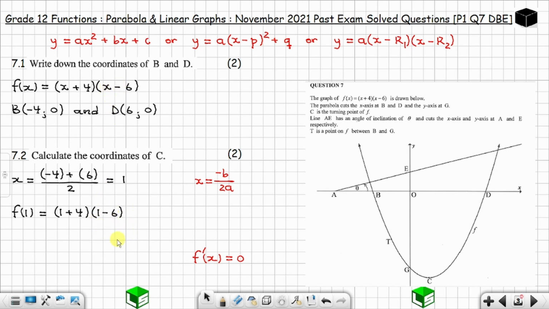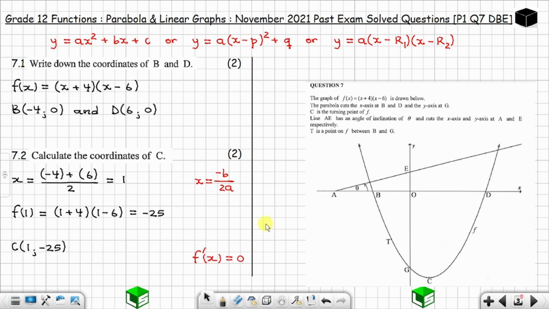This is equal to 5 and -5. 1 plus 4 is 5, 1 minus 6 is -5, and this is going to be -25. So the coordinates of C are (1, -25). Now let's move on to the next question.